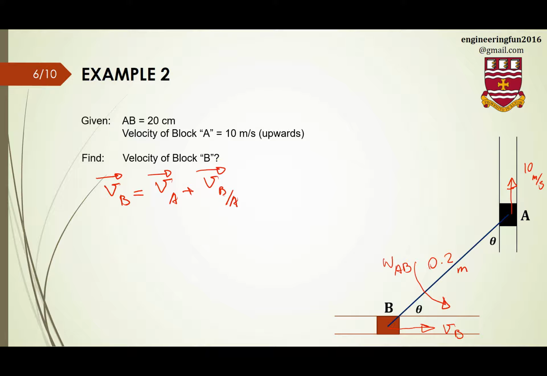Okay, so let's see what we know about the velocity of point B. Based on my assumption, if this is my coordinate x and y, it is VB in the i direction, so that's VB i. Velocity of point A is 10, and that's upwards, 10j. That's a vector.